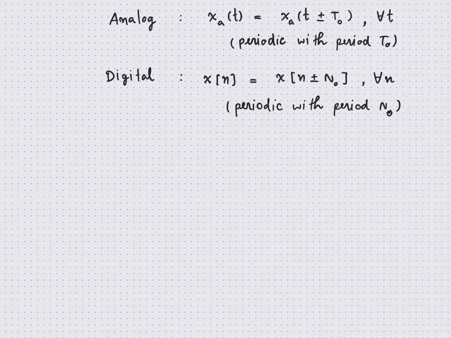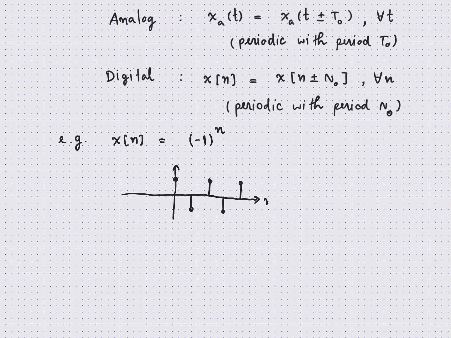For example, let's say I have x[n] equal to minus 1 to the power of n. If I plot the signal, when n equal to 0 it is equal to 1, and then n equal to 1, n equal to 2, n equal to 3, n equal to 4.